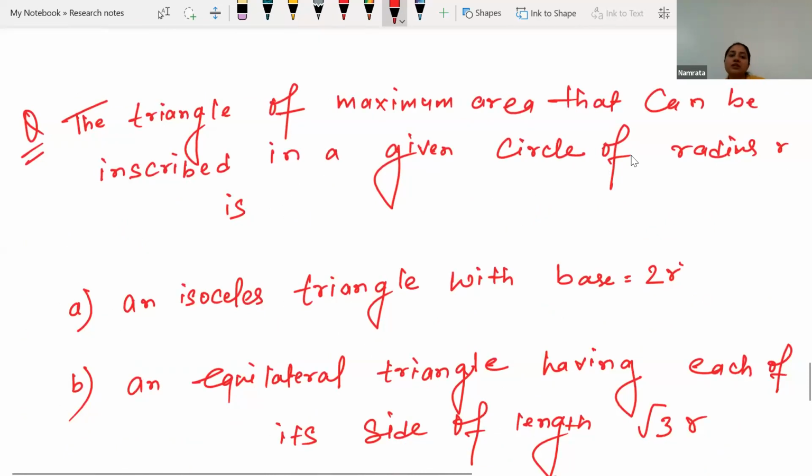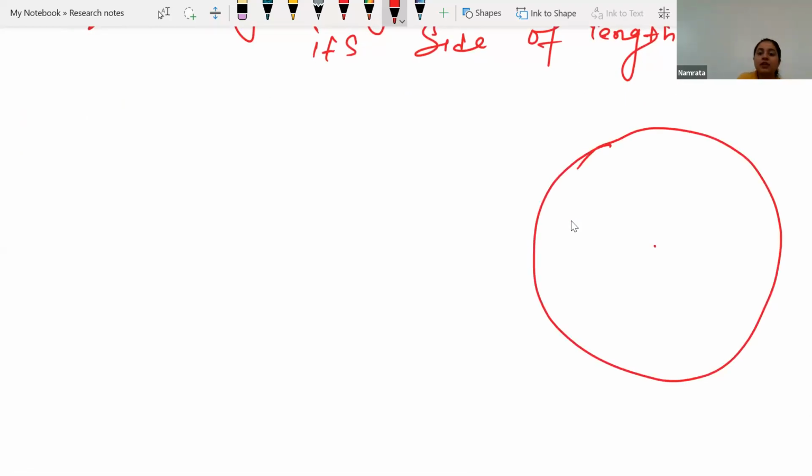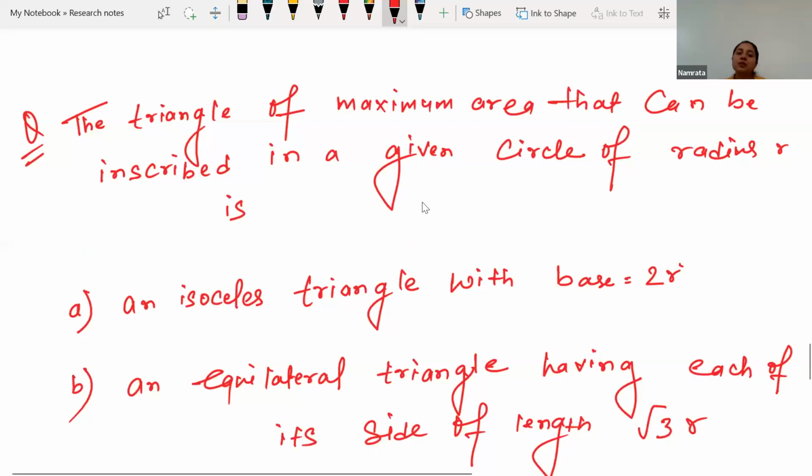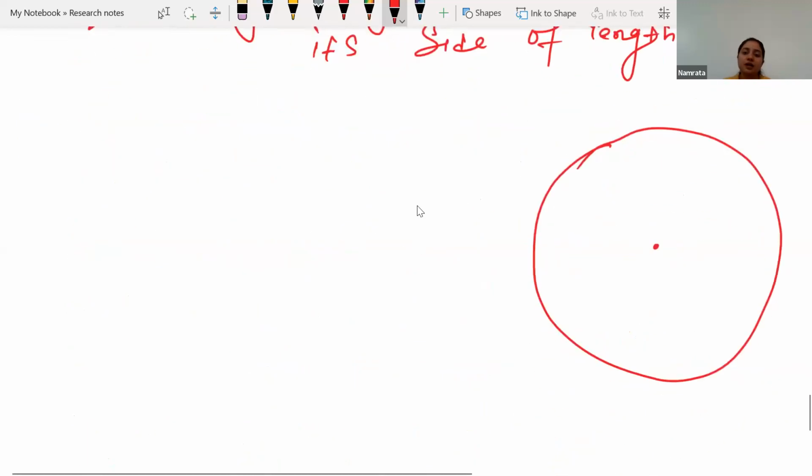So let's see what the question says. A triangle of maximum area that can be inscribed in a given circle of radius R. We have a circle, and we know the radius of this circle is R. We have to make the triangle that can be inscribed with the maximum area.